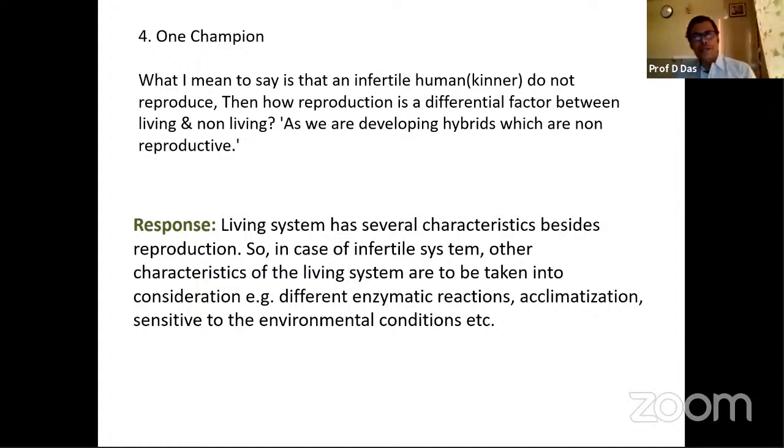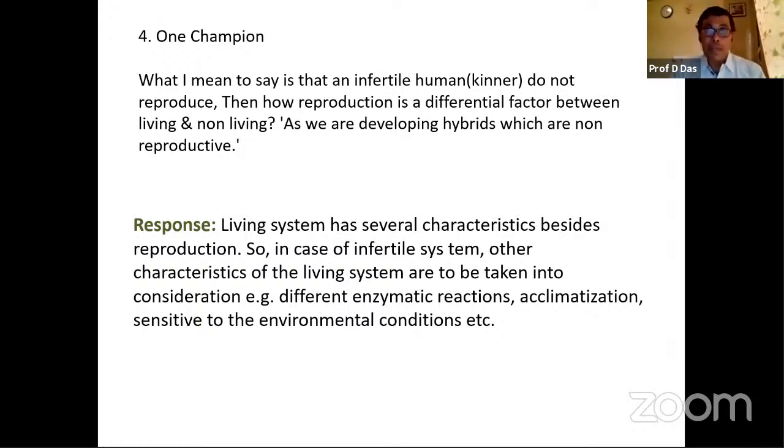One important characteristic of the living system is that it is very sensitive to environmental conditions. For example, as I told you during my regular class, we are all human beings. Suppose I am walking in a room, and all of a sudden the temperature of the room increases to 45 degrees centigrade. We would run away from this room because we cannot tolerate it, because our system is so sensitive.